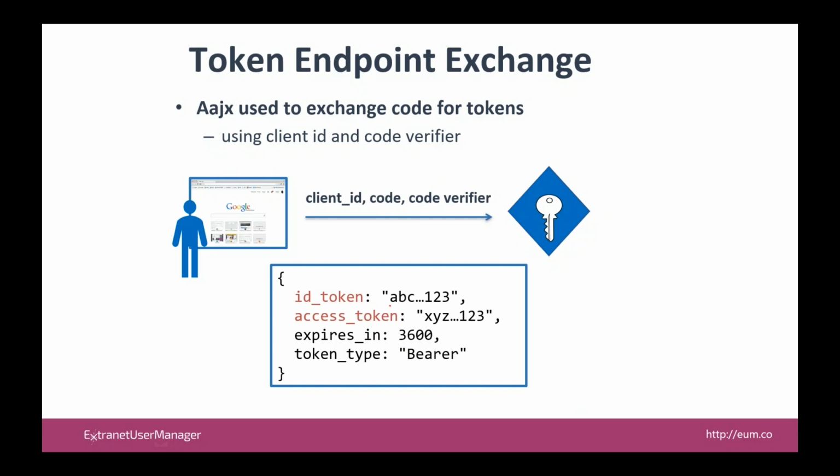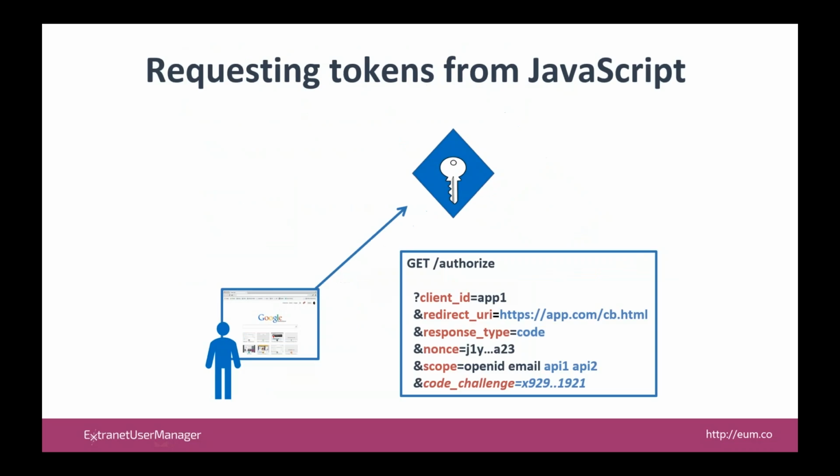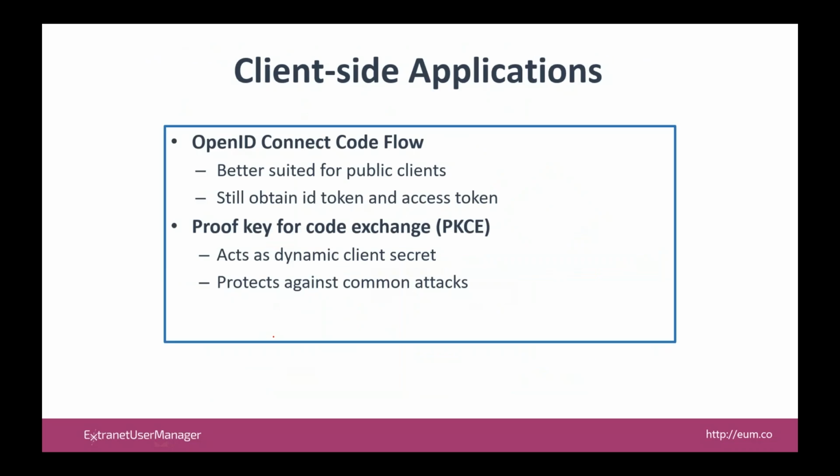If all of this checks out, then you'll get back both your ID token and your access token. The ID token you'll still parse for the claims. You'll get the name and the subject identifier, so that you know who the user is in the JavaScript. And then you have the access token, and you can use that to call your APIs. So that's how a JavaScript application connects to a token server. This recommendation to use CodeFlow and PKCE is a recent change from guidance in the specification committee.